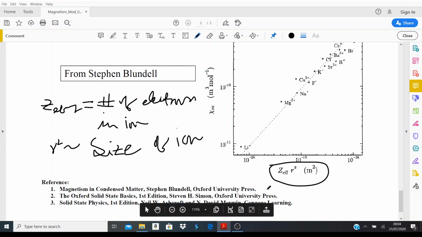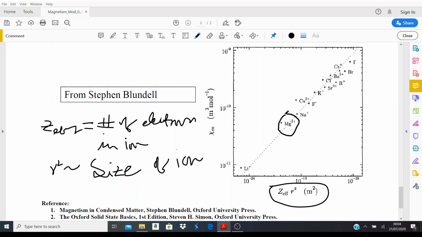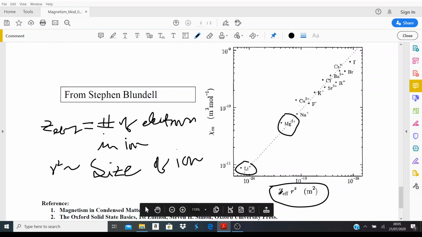So once you have the number of electrons and the estimate of the size of your ions, then you can see this data. Here we have the magnesium ion, here we have sodium, then calcium, over here we have lithium. So it's going up as this value is increasing.